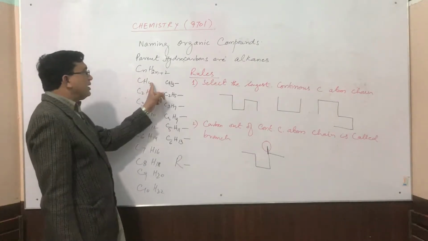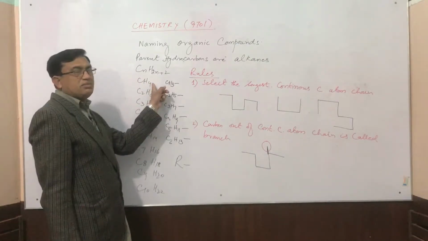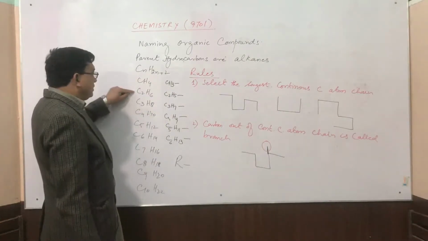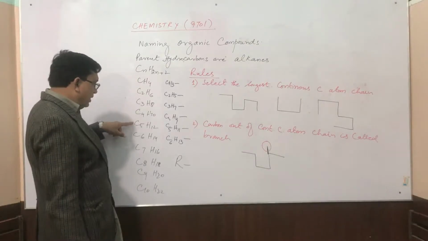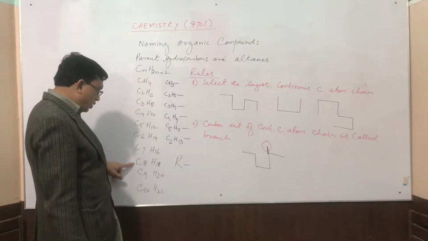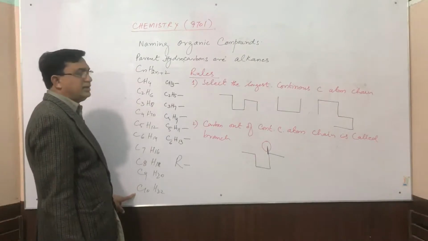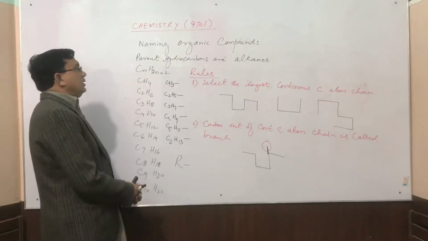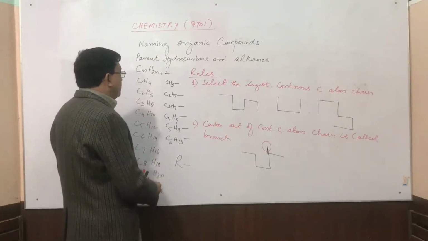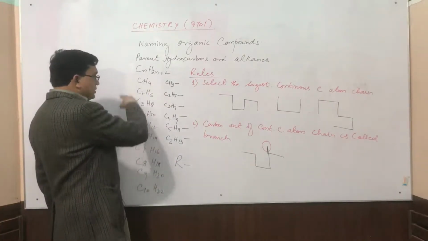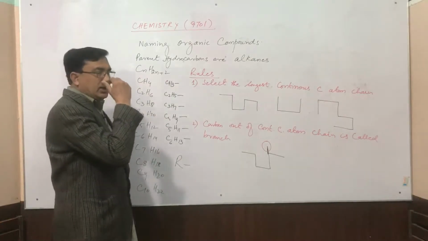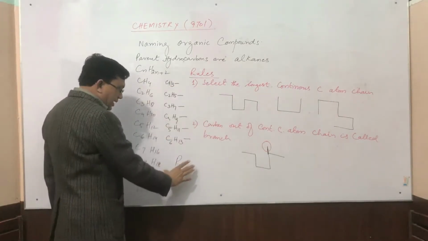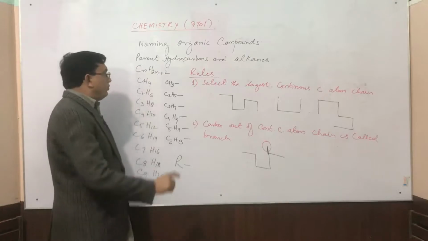One carbon atom containing compound is called methane, then ethane, propane, butane, pentane, hexane, heptane, octane, nonane and decane. Similarly, we have already discussed that if one hydrogen is removed from all these compounds, then we will get an alkyl group.